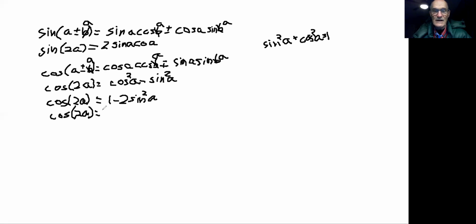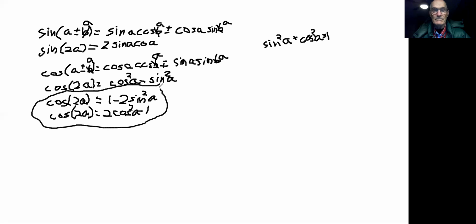So I have 2 cosine squared A minus 1. Okay.